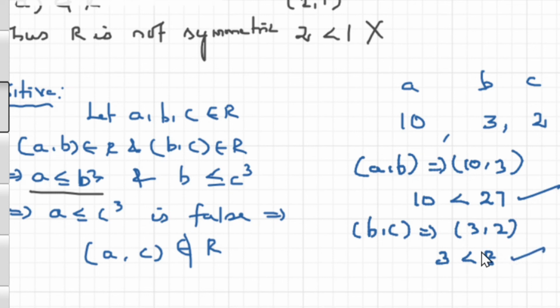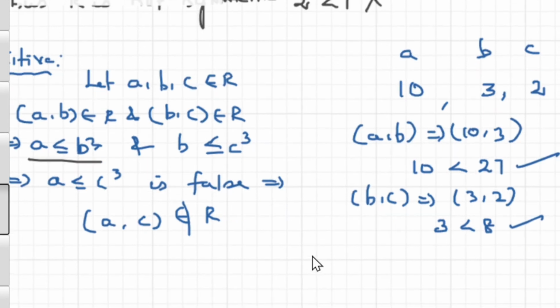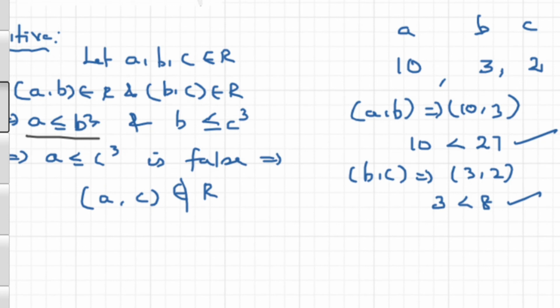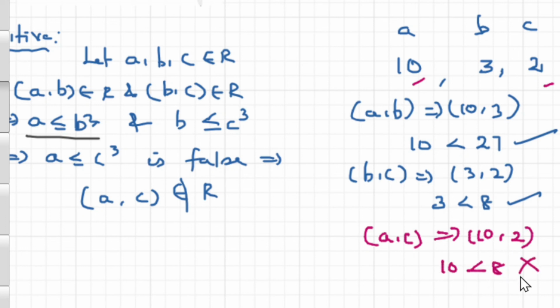This is also true. Now comparing A and C, that is 10 and 2, the ordered pair is 10 comma 2. Here you see 10 and the cube of 2 is 8. This is false, and hence it is clear a comma c does not belong to R.